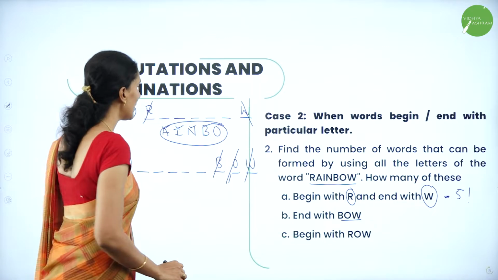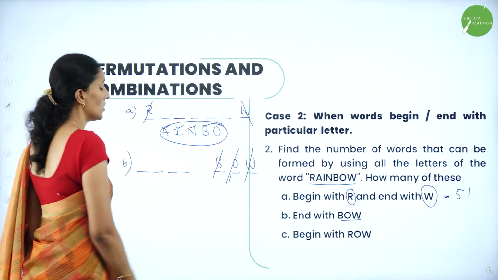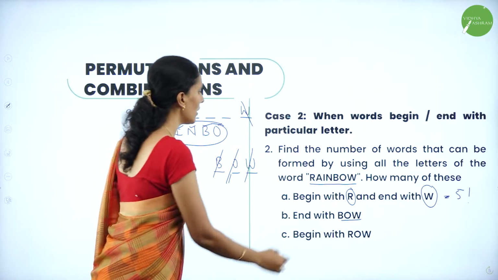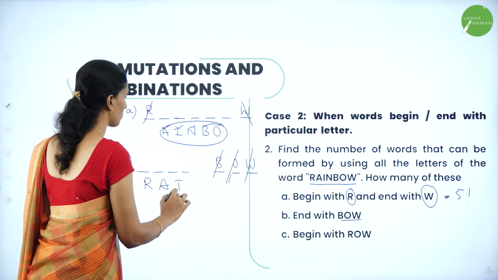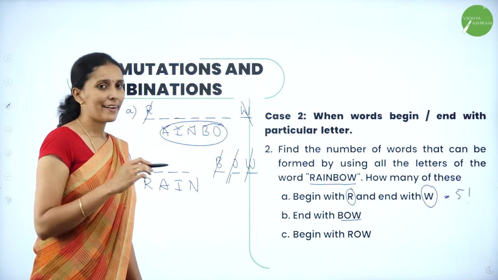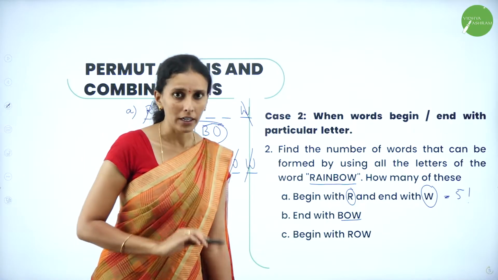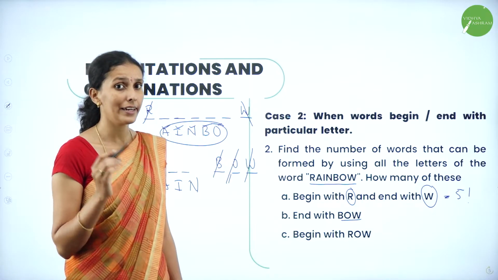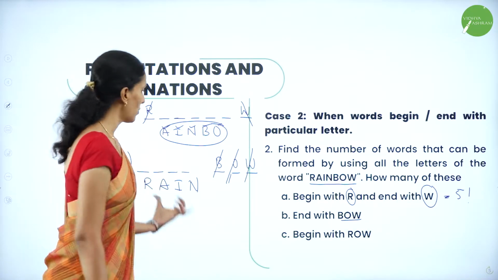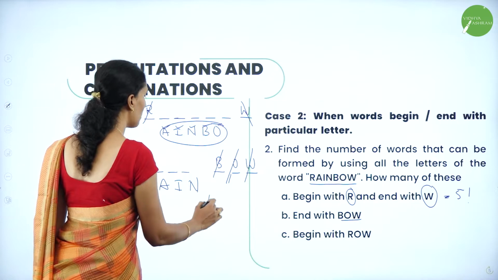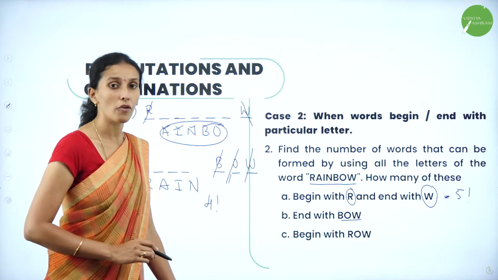So how many letters are left? We are left with only rain. I can arrange rain in any order. So how many letters do we have? Only 4 letters.